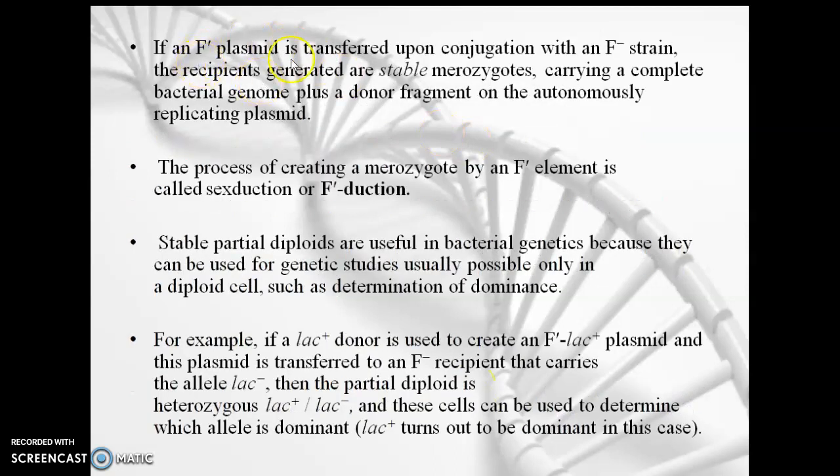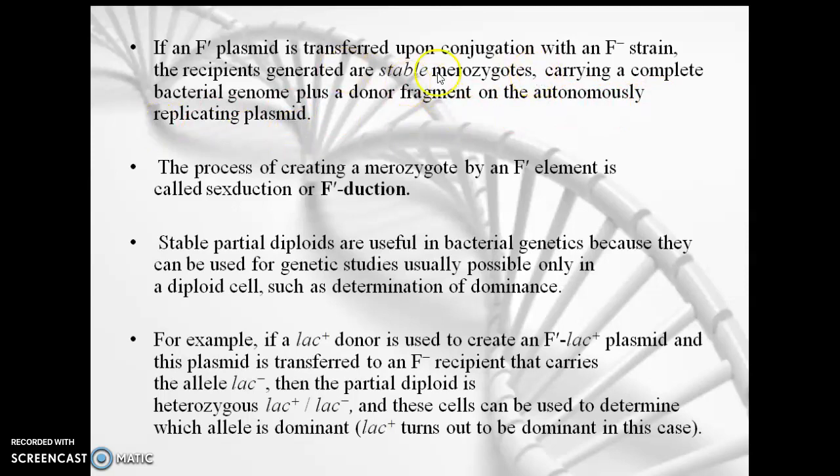So if an F prime plasmid is transferred through conjugation to an F minus recipient, the recipients are made into stable merozygotes which carry a complete bacterial genome, that is its own genome, plus a donor fragment, a portion of the donor's genes on the autonomously replicating plasmid, that is the F plasmid.